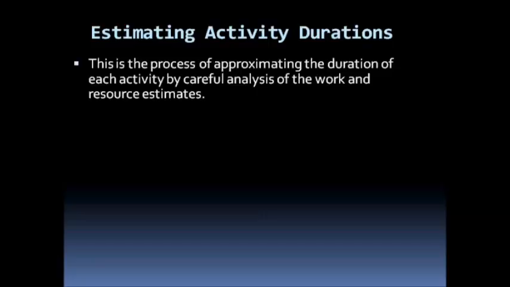The next thing to do will be to estimate the durations for each activity, and this is a process of getting an approximate duration each activity will take by careful analysis of the work and the resources available.